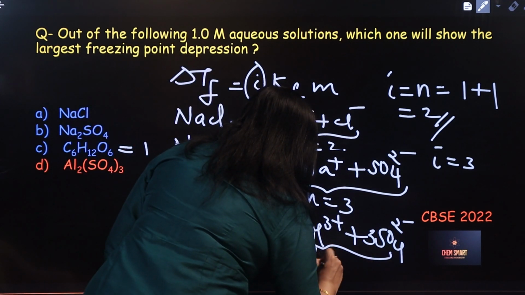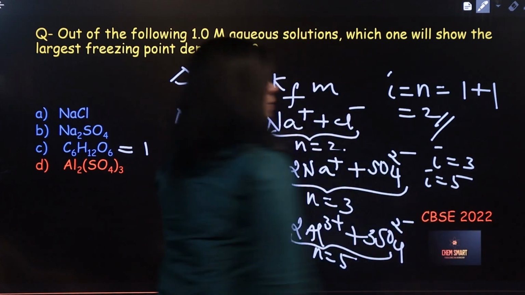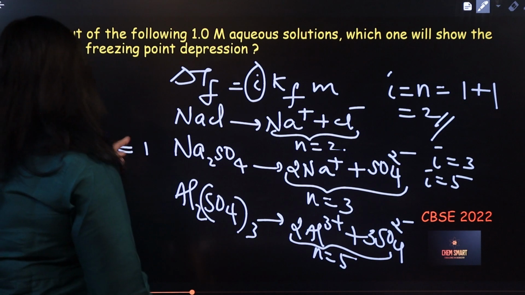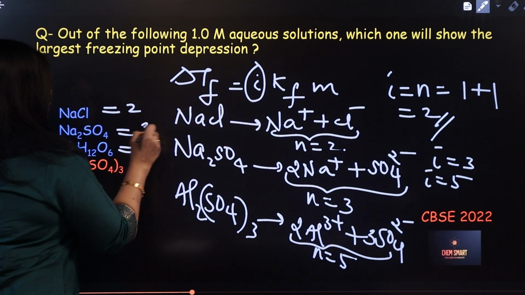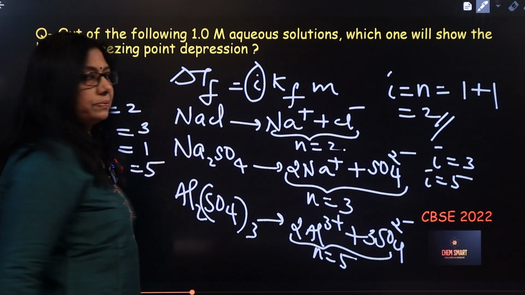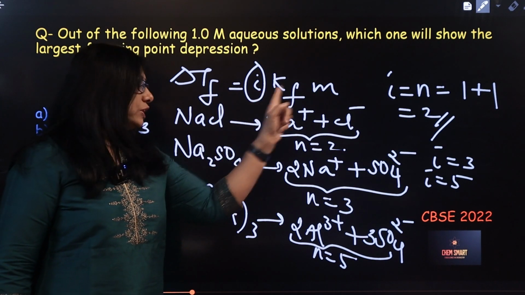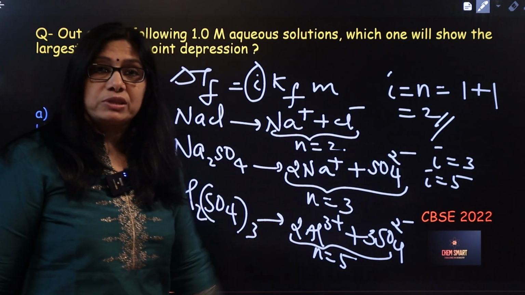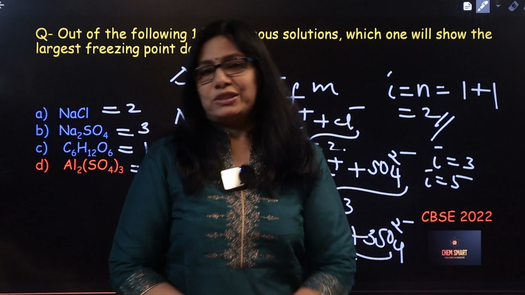N is 5 and I will be 5. Now let's compare the Van't Hoff factor values for these compounds. NaCl it is 2, Na2SO4 it is 3, glucose it is 1 and aluminum sulfate it is 5. Delta TF depends only on I here because these two are same for all of them. So highest I value is for aluminum sulfate. So highest delta TF will be for aluminum sulfate.